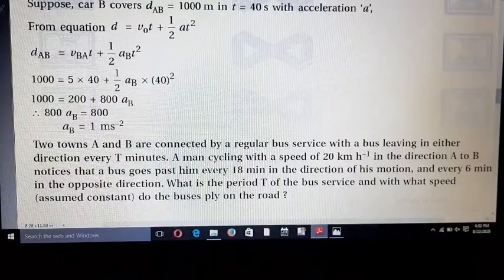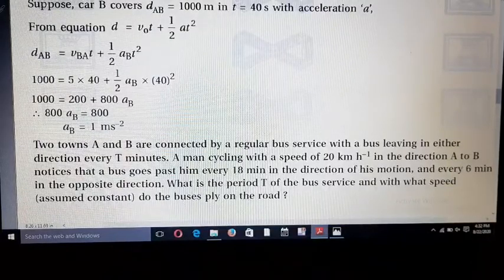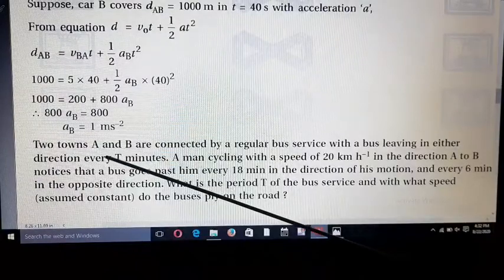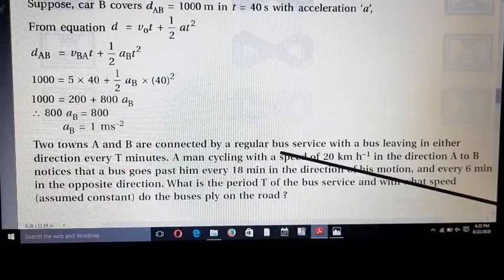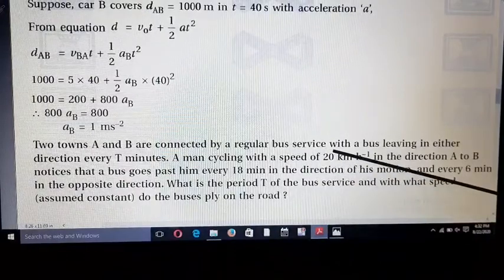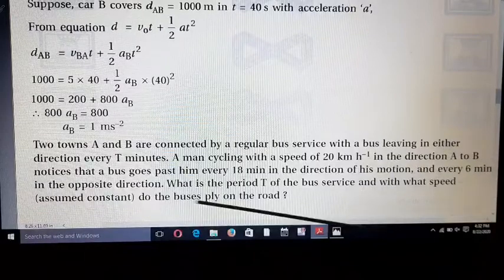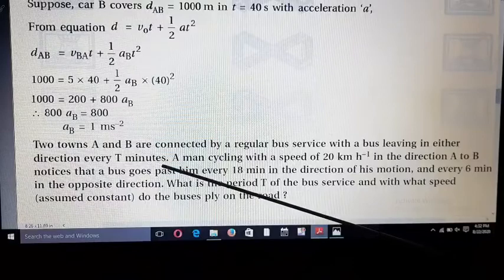Next example, 3.9. Our question is: two towns A and B are connected by regular bus service with a bus leaving in either direction every t minutes.